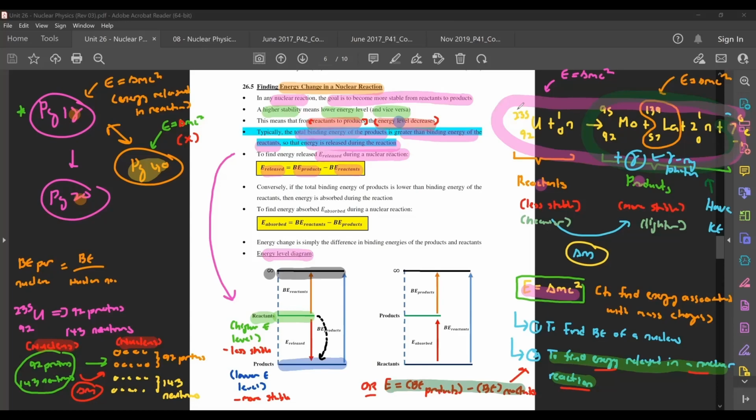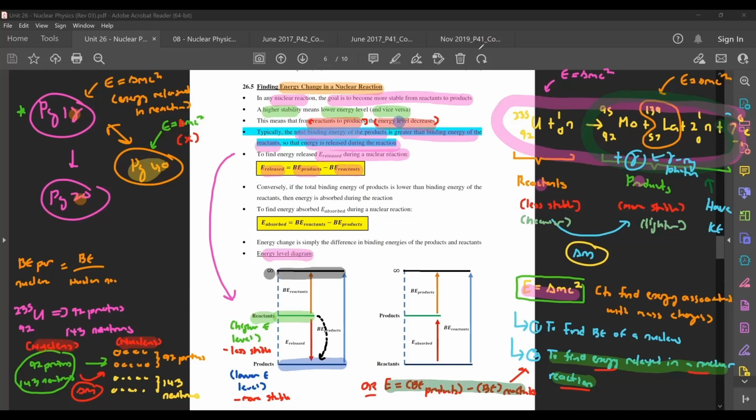So let's just say that you modify the definition a little to represent BE of reactants and BE of products. BE of reactants would be the energy required to separate all your reactants into individual nucleons. BE of your products will be the energy required to separate all your products into individual nucleons.